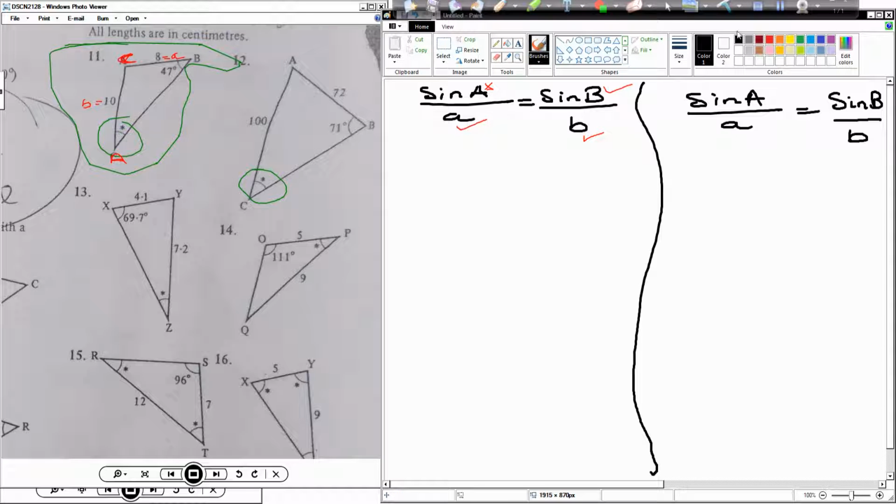Okay, the opposite of divide by a is? And the opposite of sine is? Inverse sine. So big A is equal to sine minus 1 of a times sine B, divided by little b. Now we need to put in the values.